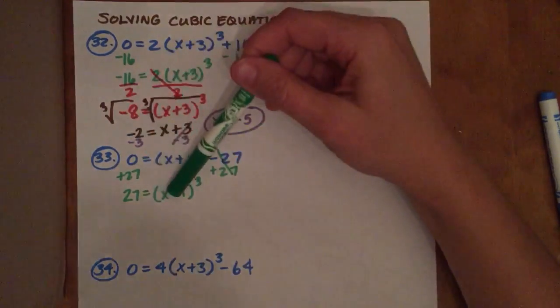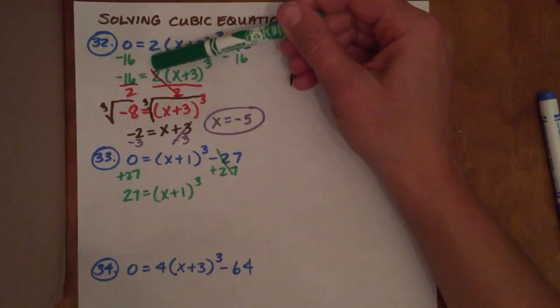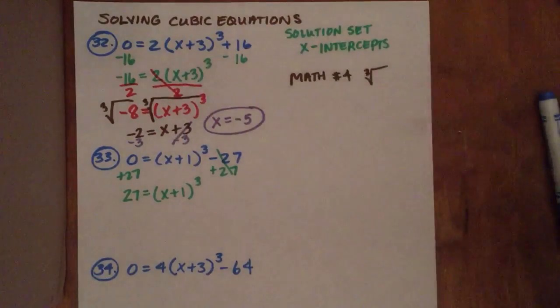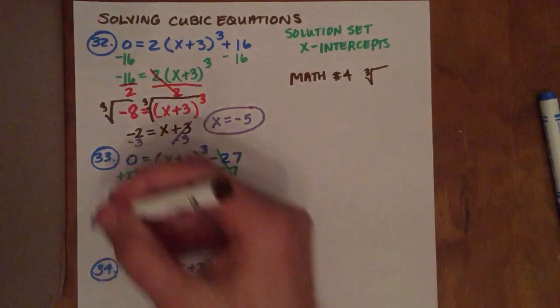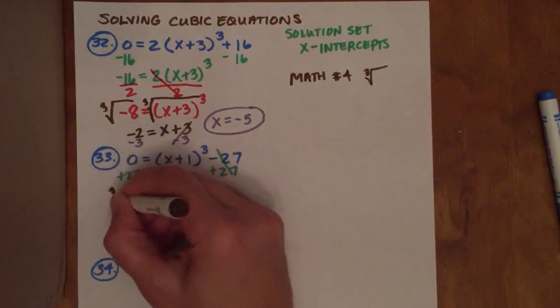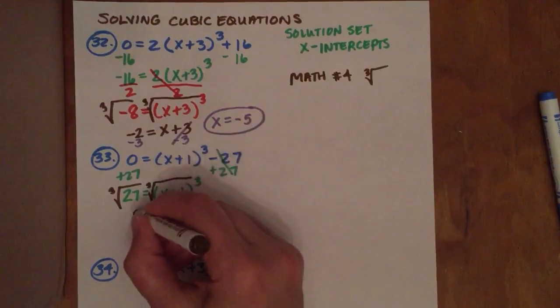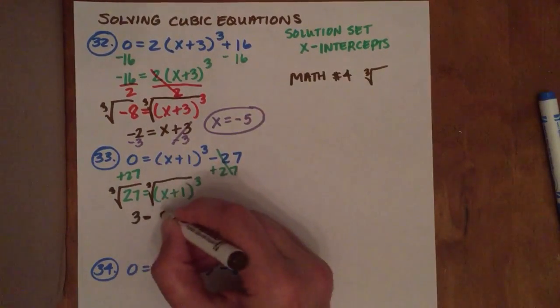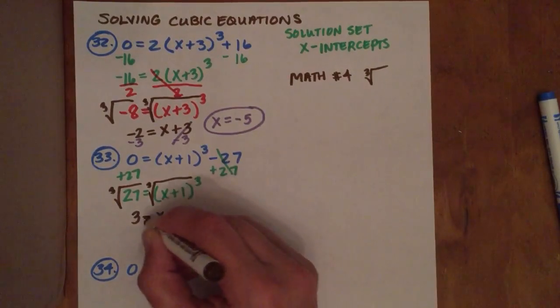We don't have to do any division here because our a value is 1. Our a value was 2 up here. Here it's 1, so we don't have to do any division. So we're going to go straight into taking the cube root. So hit math and 4, and that'll help you get the cube root of 27, which comes out to be 3. So 3 equals x plus 1.